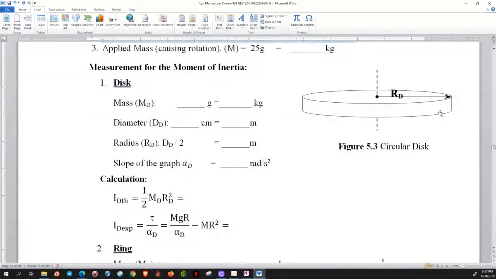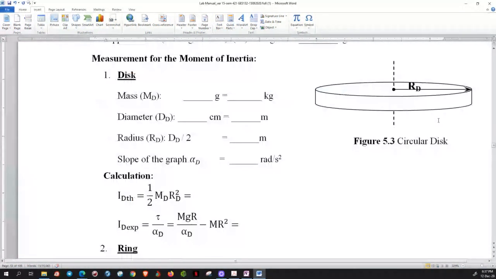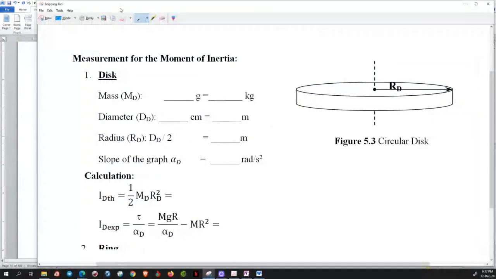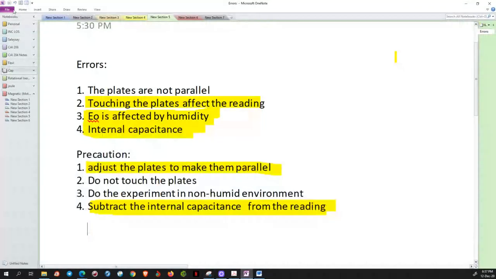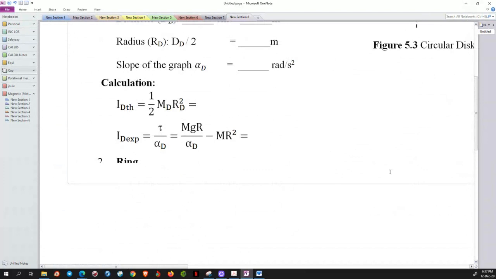So what you should do is, let me take a screenshot of this one, and I will go with my OneNote, because my OneNote is much better than writing in Word. Okay, let's go with the disk, and I will write a new section and paste it here. There you go.